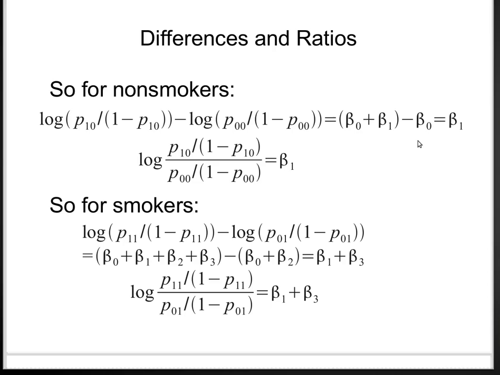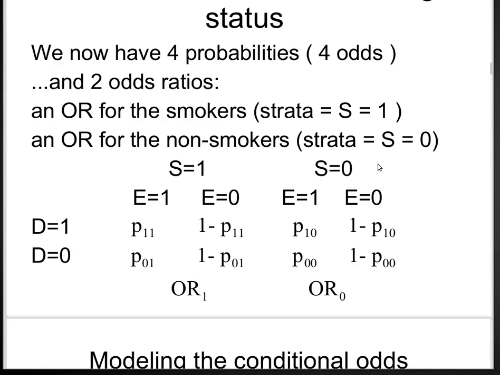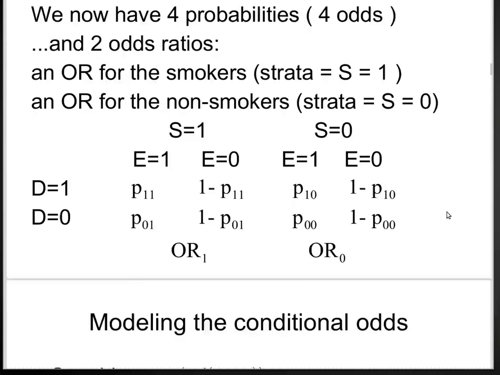Going back to our labeling that we did earlier, we see that beta 1 is the log of OR sub 0, and beta 1 plus beta 3 is the log of OR sub 1. Just going back to this display, there's the odds ratio for the smokers. There's the odds ratio for the non-smokers.